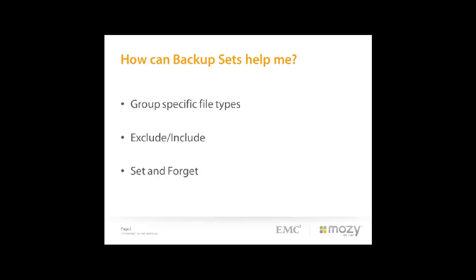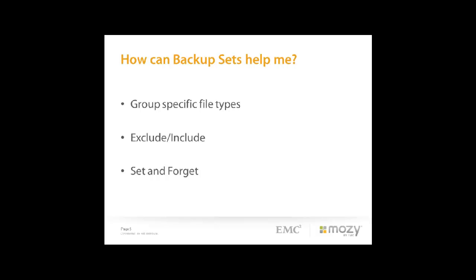So it's a quick and easy way to grab a load of files together. You can also use backup sets to include and exclude certain file types or groupings. So you can create custom backup sets yourself as well. Obviously we have the default ones there for you, but you can also create inclusionary backup sets to select your own customized selection of files, and you can also create an exclusionary rule.